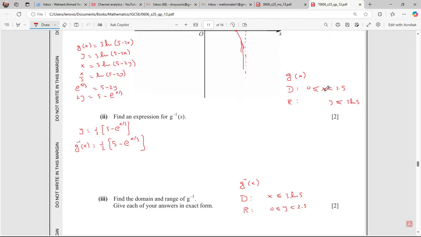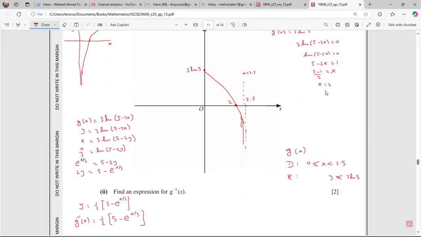Okay, you can imagine that if I try to find this inverse function, I need to find its reflection in the line x equal to y, and it would be something like this. So this point is going to be 3 log 5.